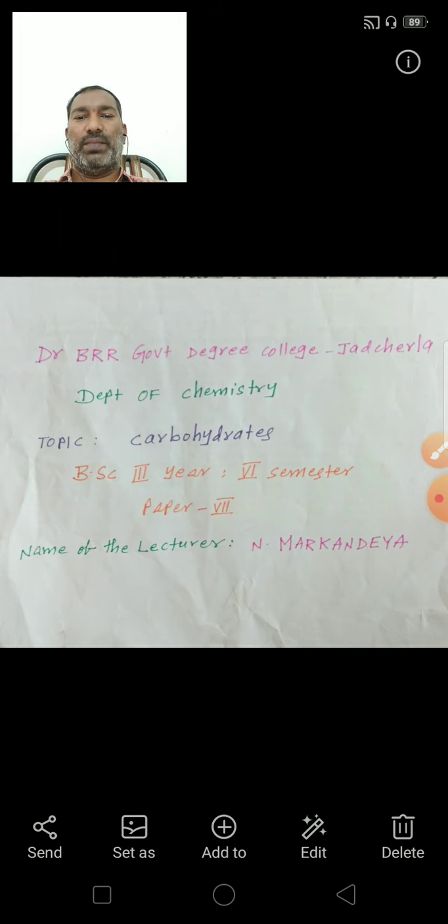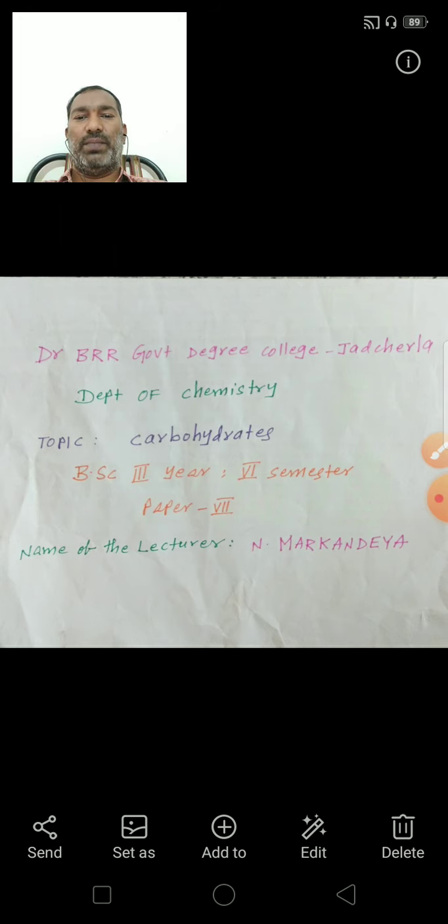Next, see the configuration of the glucose molecule based on glyceraldehyde. The D and L configurations of glucose were introduced by Fischer.